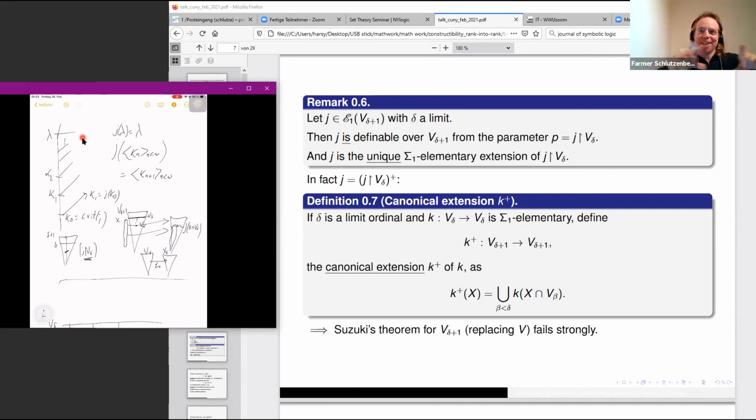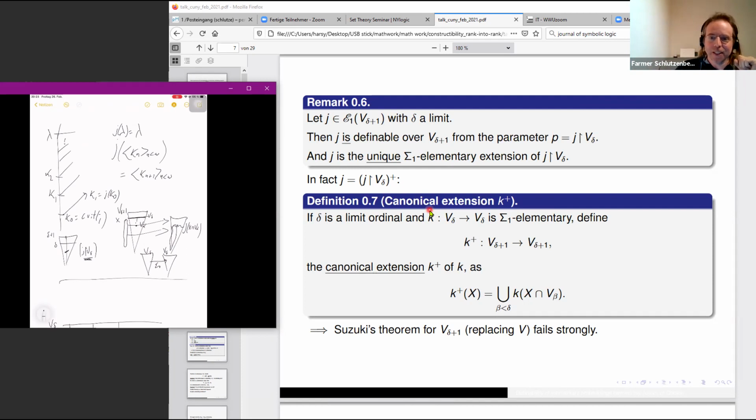So in the end, that embedding is also a Sigma 0 elementary embedding from V delta into V delta. It's just sort of silly. I see. But not cofinal, right? It's not mapping V alphas to V alphas. I see. Yeah.